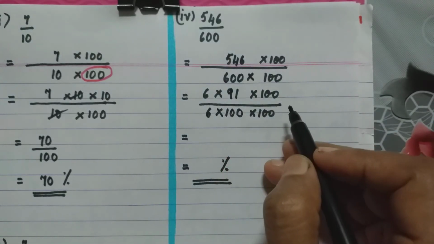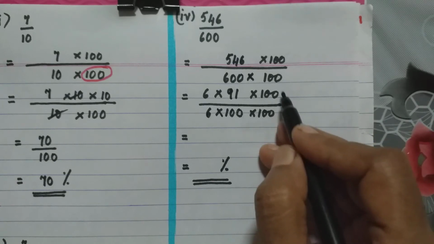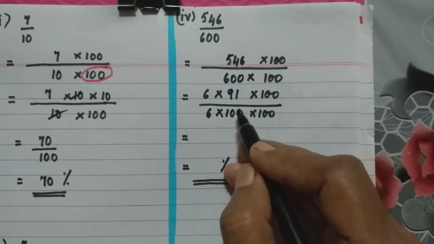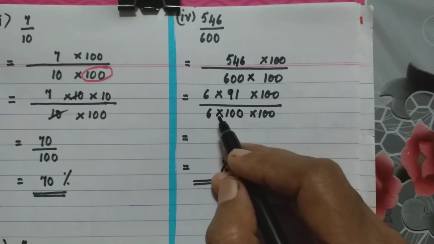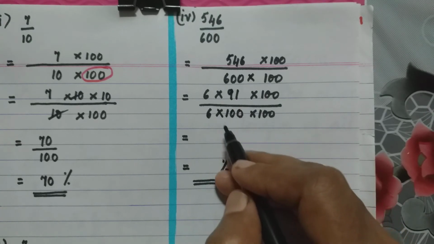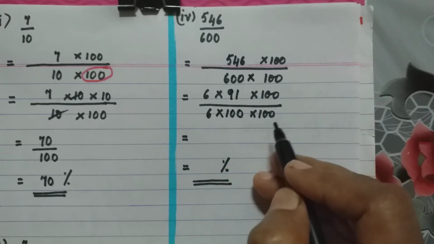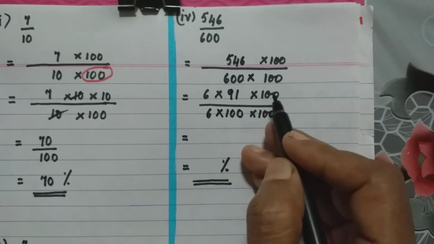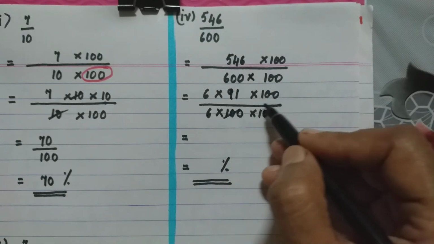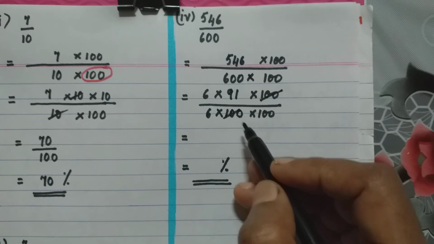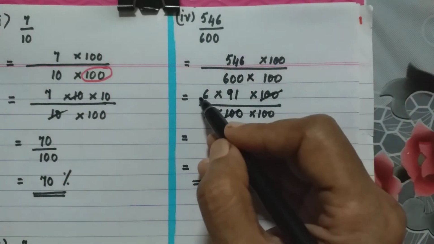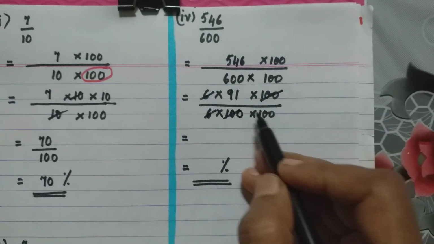So in this question, you see that we didn't have to alter this 100. Already in the denominator itself, we have one extra 100 here other than this 100, which we are not supposed to touch. So the hundreds get cancelled by themselves. Also the 6 gets cancelled. What is left now?